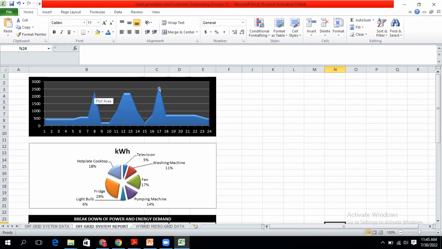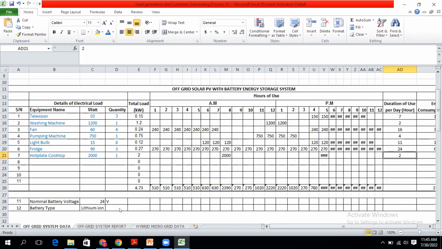Now this is the breakdown of the energy consumption. Your hot plate is using 18%, and your fridge is using 29%. Just because of the values that you entered here, you can see how this report is being generated.